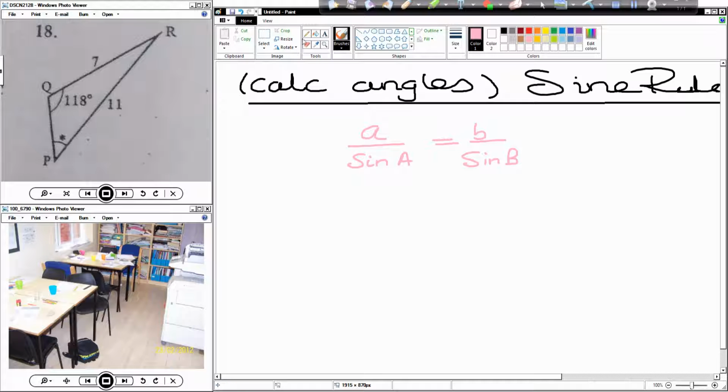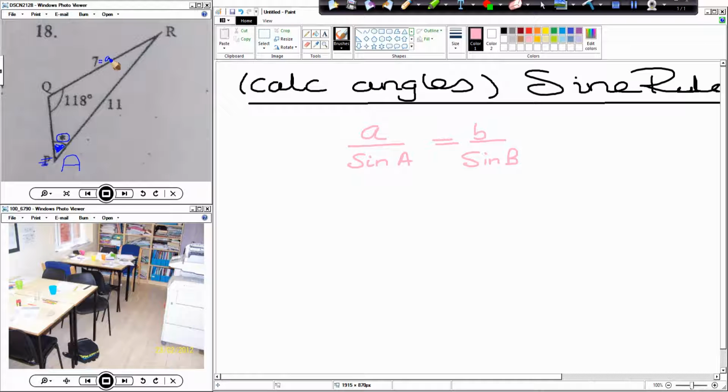So I'm now going to label a diagram. Now the angle that I want to work out, I'm going to call my angle big A. That's the star. The star is the angle, that's what the question involves. You've got to work out this missing angle over here, big A. And opposite big A is little a.